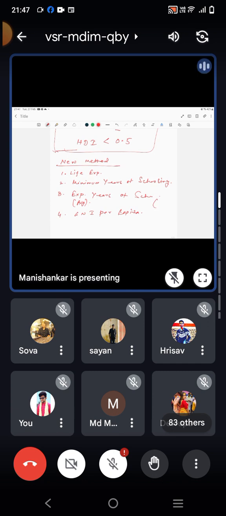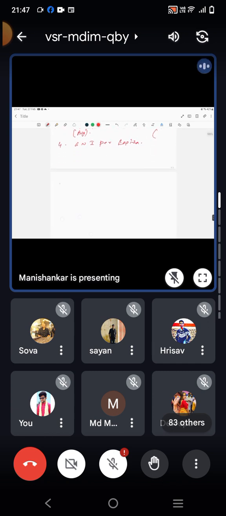But when they measure HDI this time, they take HDI equals the index of life into the index of education into the index of income.